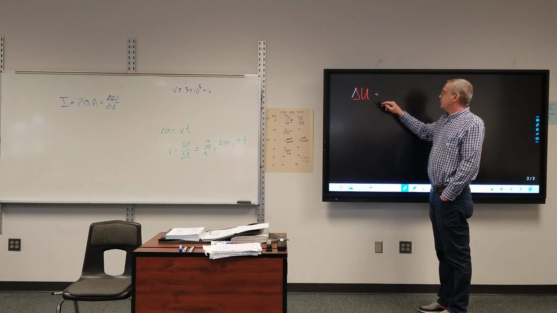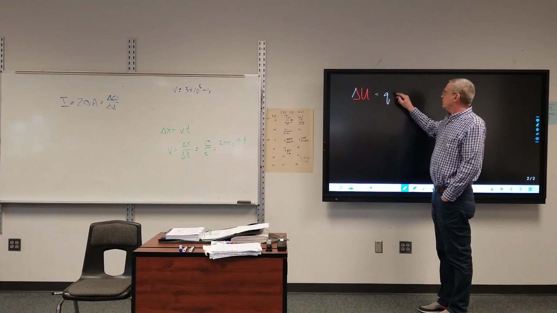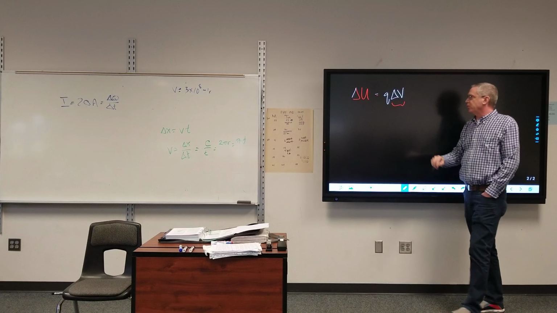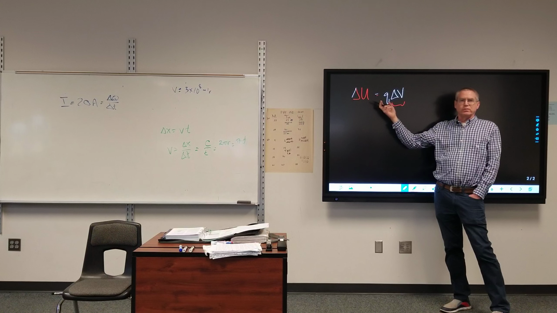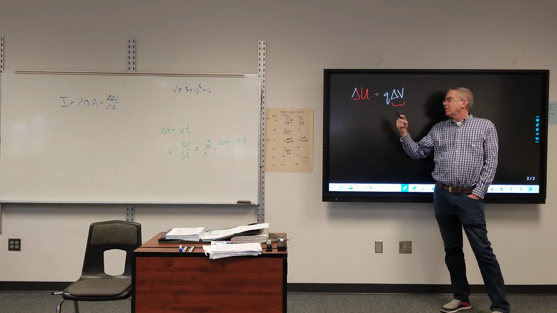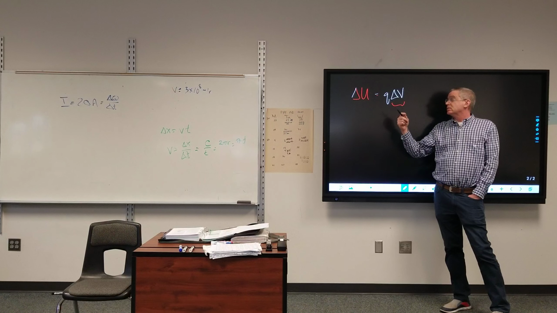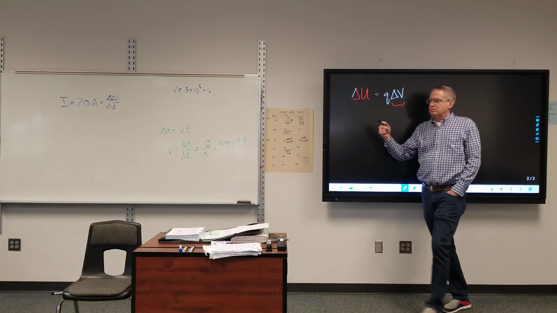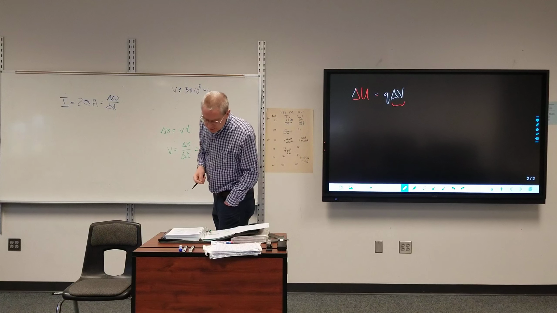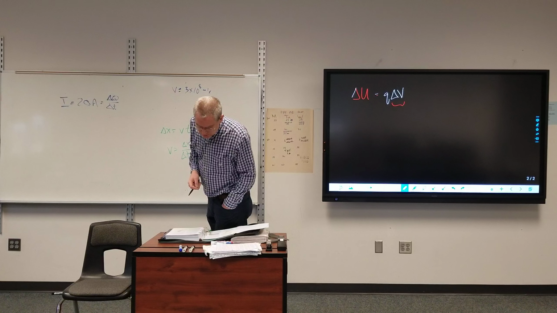Delta U is equal to Q delta V. When a charge goes through a voltage drop, there is a loss of energy. Also, it says voltage drop, but the voltage goes up from A to B.